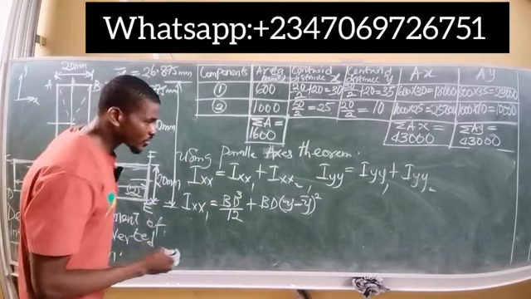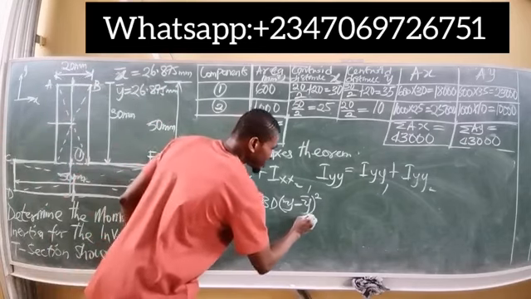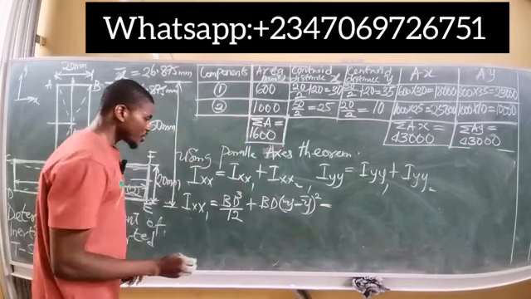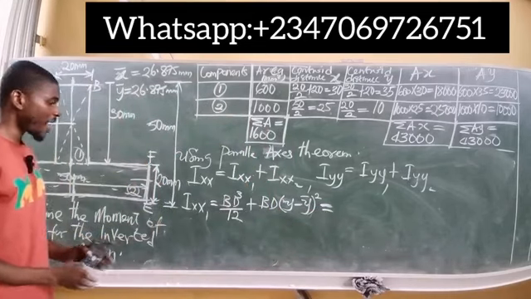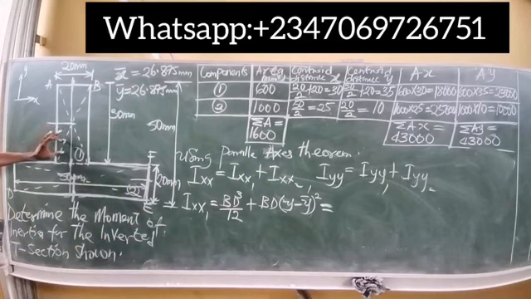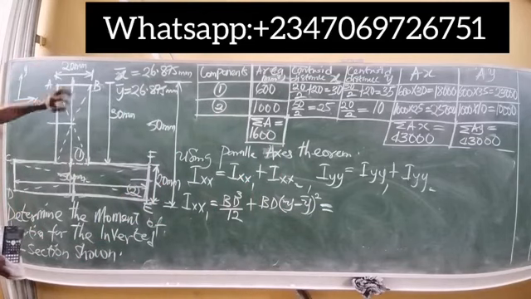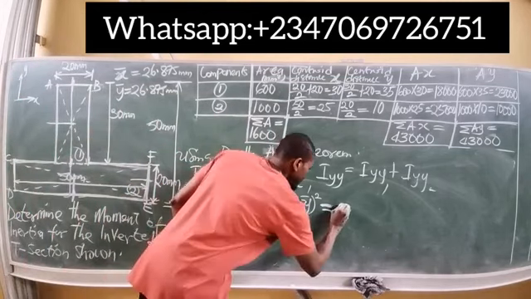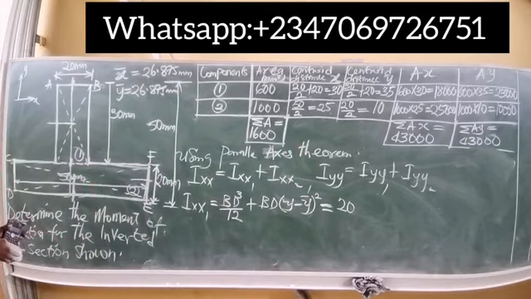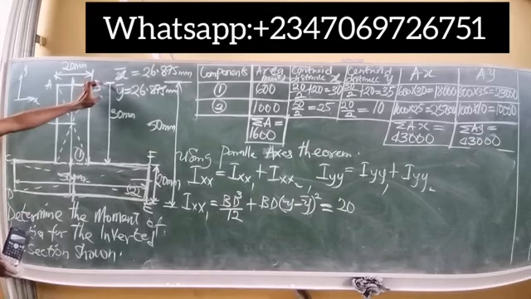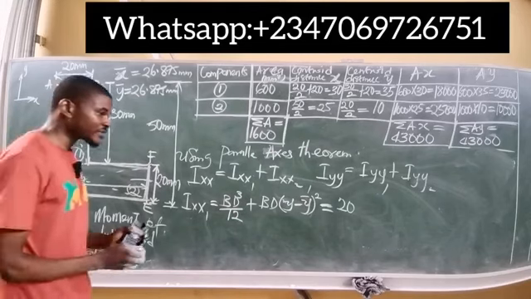Okay, so let's do this here now. This is now equal to bd cubed, where b is the width for the first shape. The width is 20 millimeter, so simply put down 20. Please also do not convert to meters, keep it as millimeter. Then d is the depth of the first segment, which is 30 millimeter, so 30 cubed.